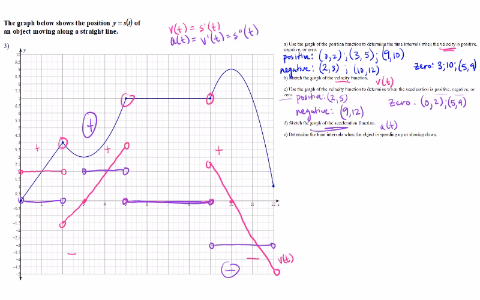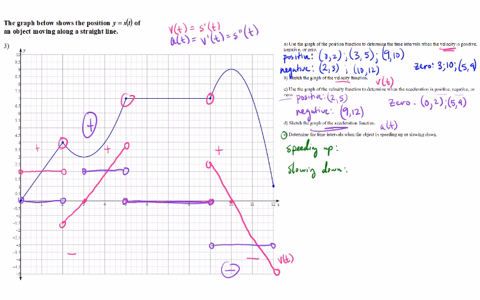All right, so now part E. It says determine the intervals when the object is speeding up or slowing down. Okay, so speeding up. Now you could do this a lot of different ways. You can use these intervals and think about where the signs are the same or different.